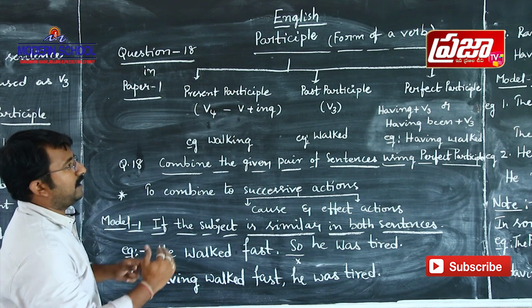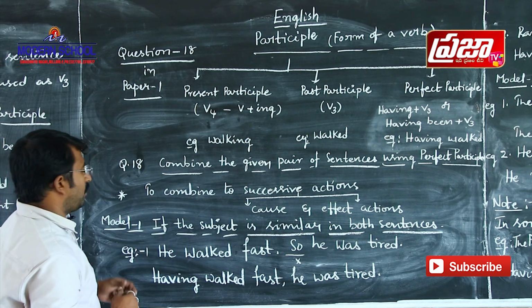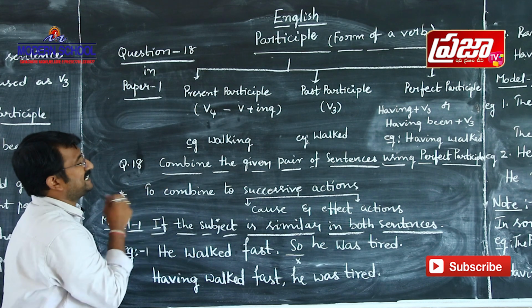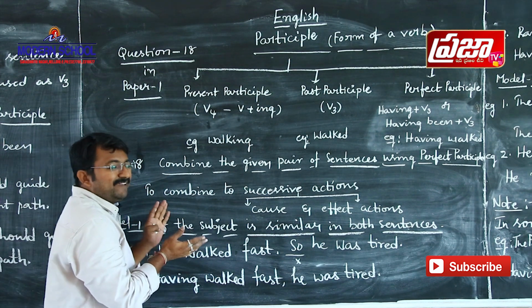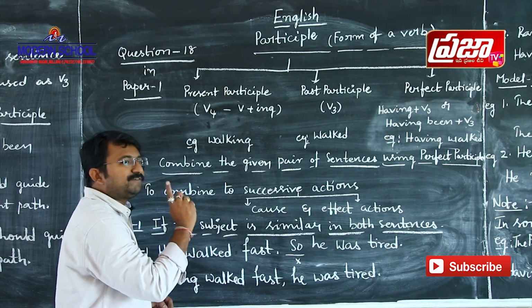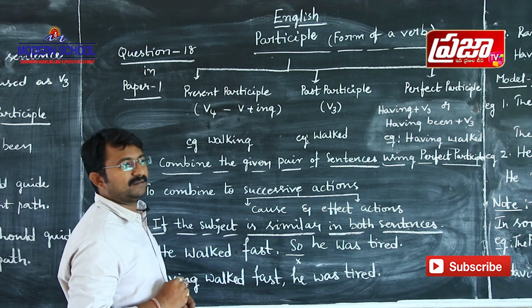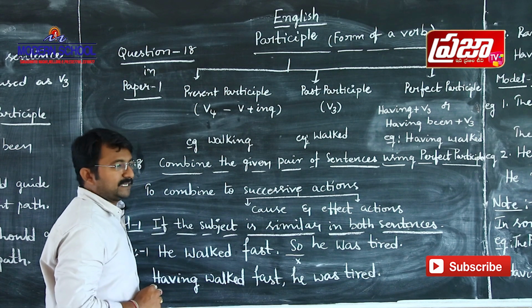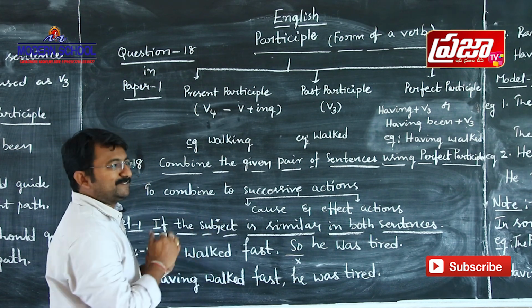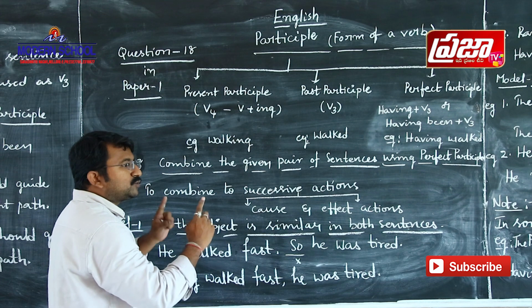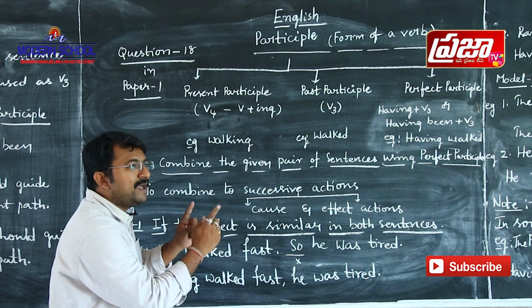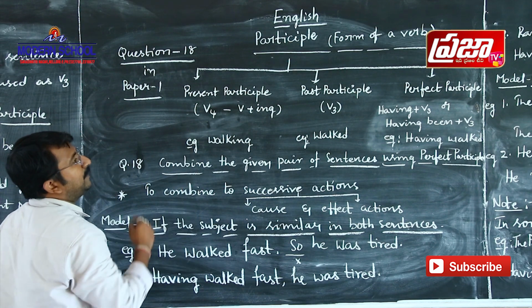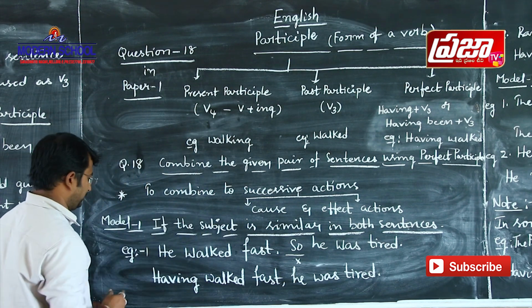And see here, there are two models to be discussed in this grammar point. The first model is, in the given pair of sentences, if the subject is similar, how to combine those two sentences using the perfect participle, let us learn.